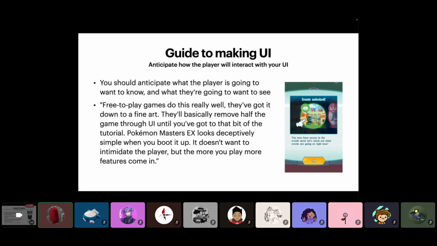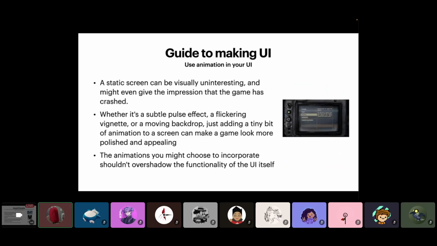They basically simplify the UI so much in the beginning, such that the player won't get overwhelmed. And when they're not overwhelmed, they'll be more motivated to play. As they get more skilled at the game, they can learn more features. So they anticipated that a new player wouldn't want to be bombarded with so much UI that they get overwhelmed, so they simplified it for them.